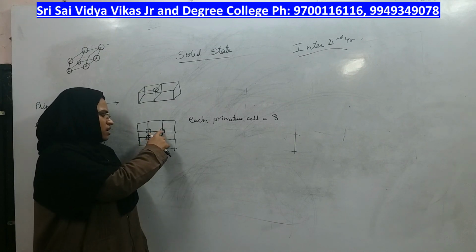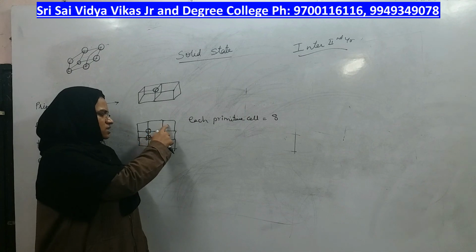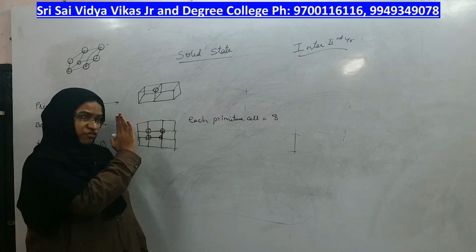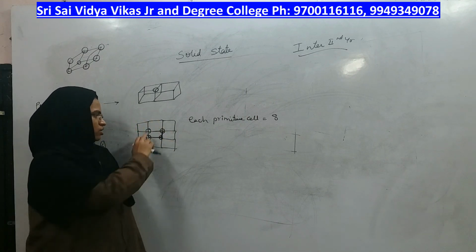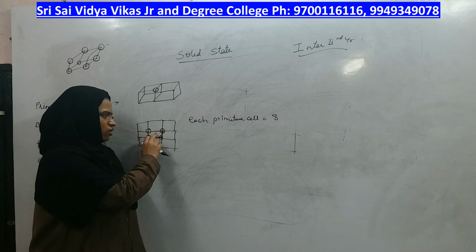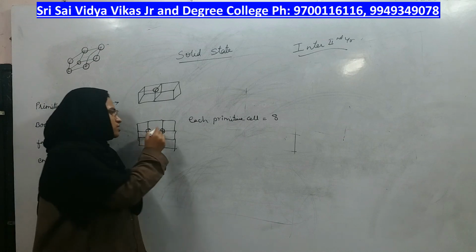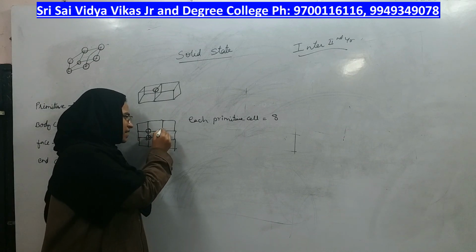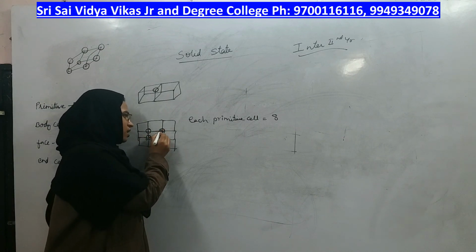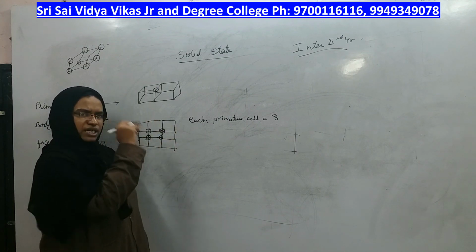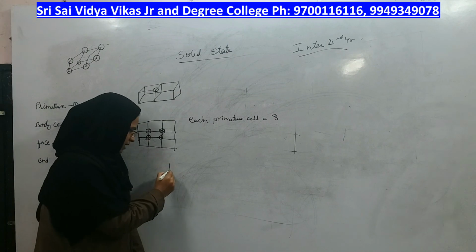This corner is common for this cell, this cell, this cell and this cell, and this is only the front. There is another at the back, because I showed only 4 corners. At the back there are other 4 corners. So each atom which is present like this, out of 1, 2, 3, 4 front side, 1, 2, 3, 4 back side, is 8 parts of the atom.